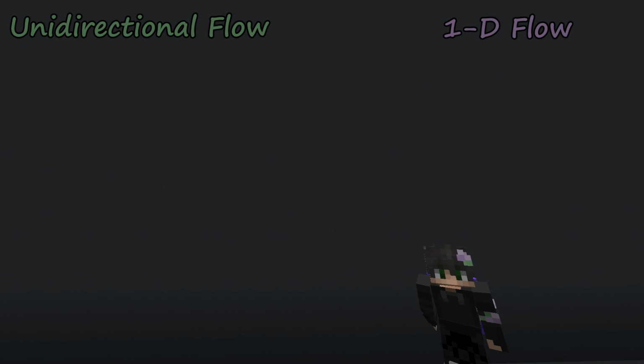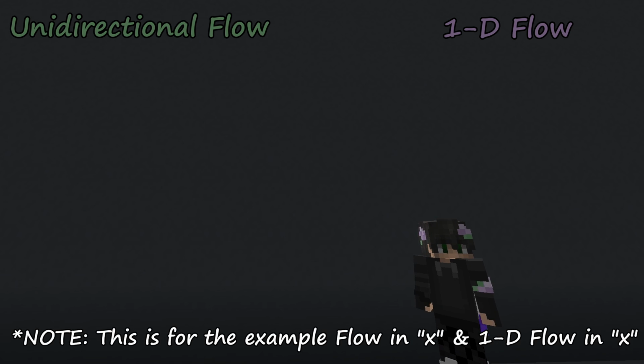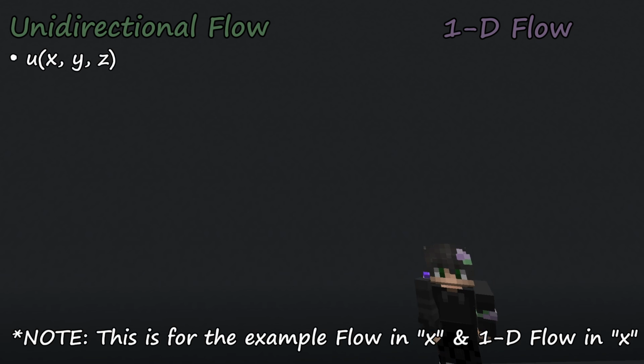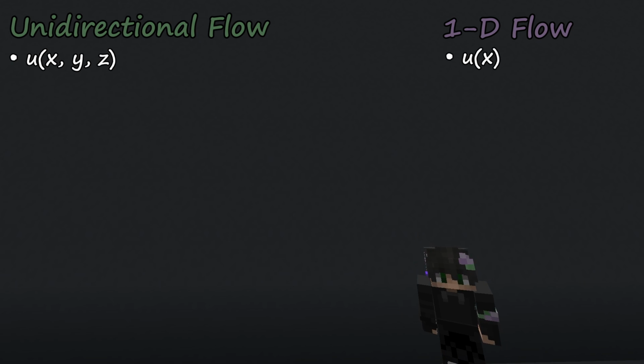In other words, unidirectional flow can be thought of as U in terms of X, Y, and Z, while 1D flow is just U in terms of only X. So 1D flow is a stronger assumption than unidirectional flow, as it will cancel more terms, 2 extra terms to be specific.